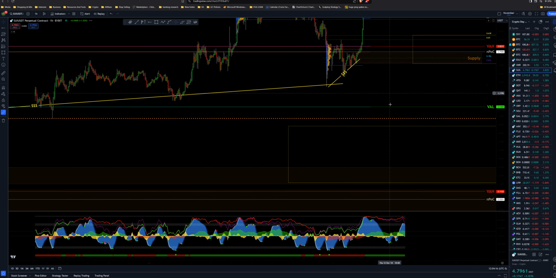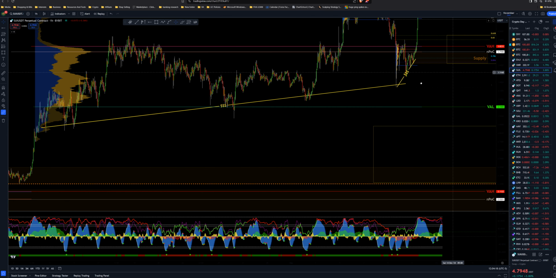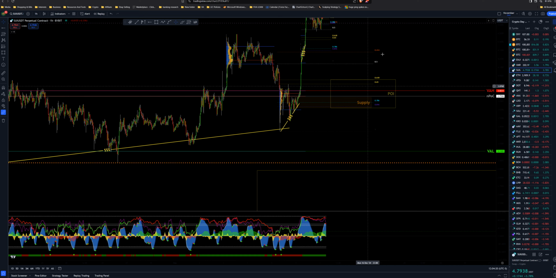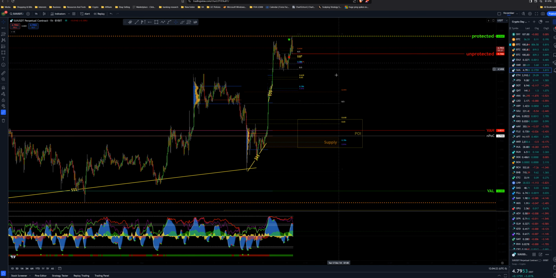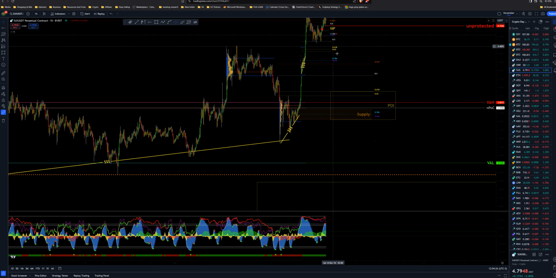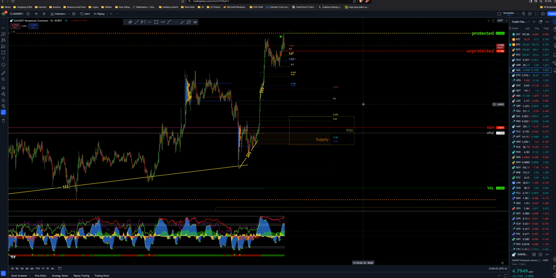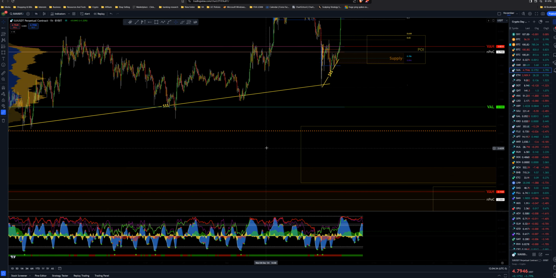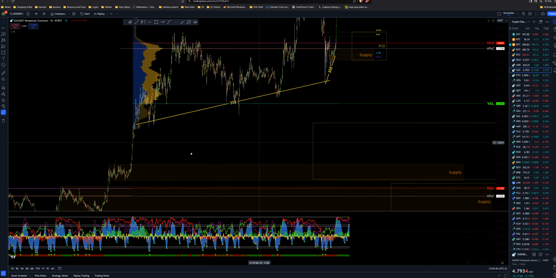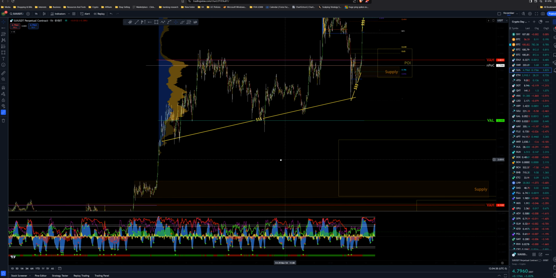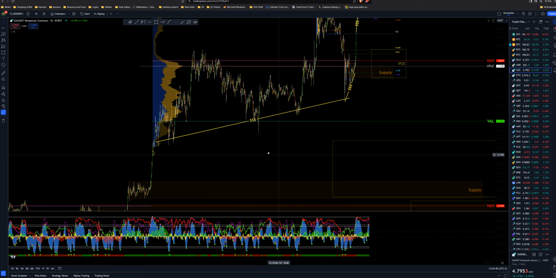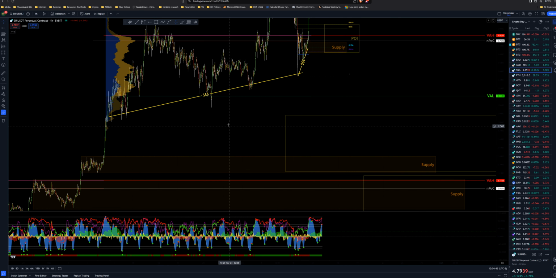Levels look really nice. I expect once we come into this area, get a little rotation back up, maybe to about here and here, depending on what kind of market structure we make on the way down. And then that next leg up will be the next trigger wave for a larger cascade down towards these levels. We'll see once we get there. That's just what I'm looking for, what I'm expecting to happen.